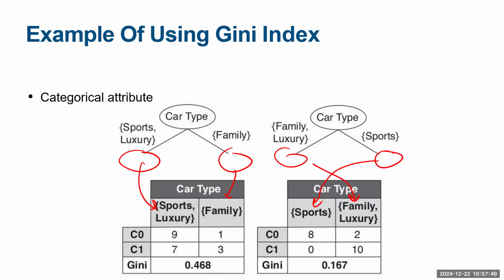So for the Gini index, the meaning is the same, but the calculation becomes easier. You don't have to take the log. You only need to multiply the same number twice.